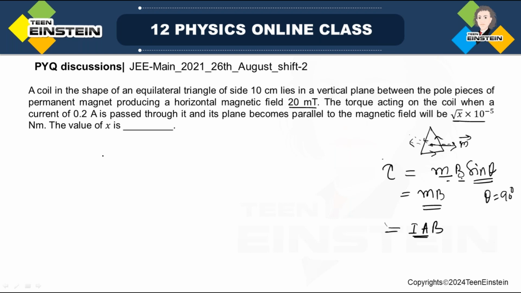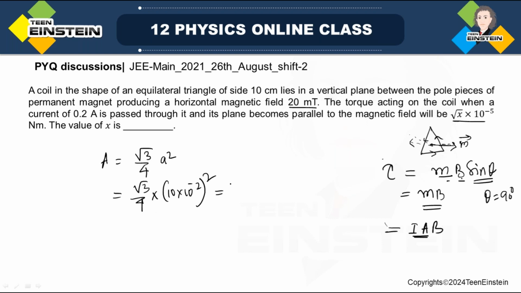First of all, this A is the area. Area of the triangle will be root 3 by 4 into a square. Let us take this in meters. If a is given in centimeters, so root 3 by 4 into 10 into 10 to the power minus 2, whole square.